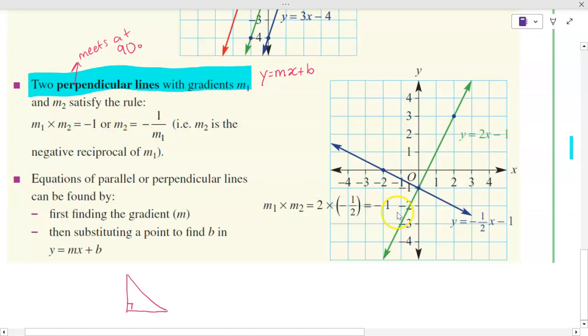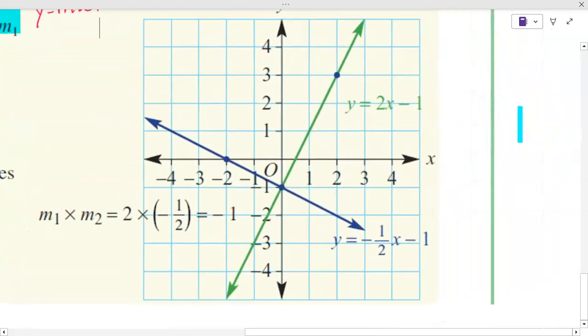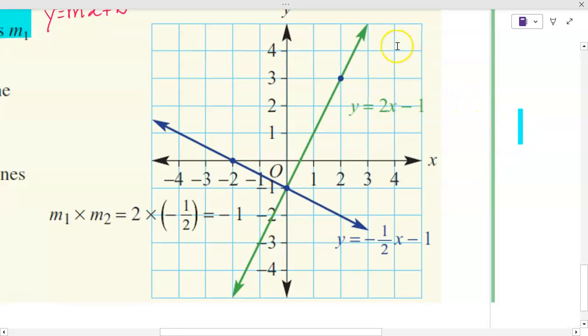So let's have a look at what that means in terms of our two lines in the graph over here. Our green line has the equation y equals 2x minus 1, and the gradient of that line is 2. Now we're saying that this blue line is perpendicular to the green line, and if you look where they meet, they meet at 90 degrees.